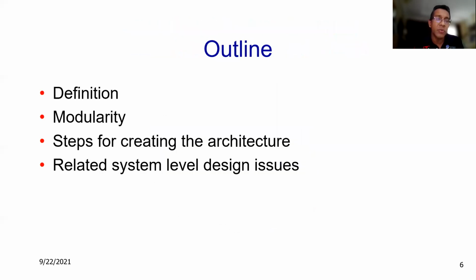In this class also we will focus on how to establish the product architecture. So we have a definition, we have modularity, steps for how to create the architecture, and then related system level design issues.